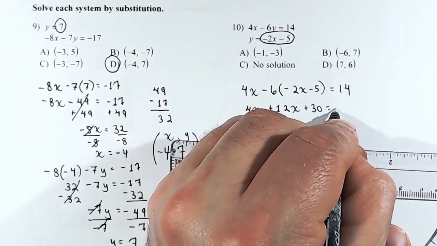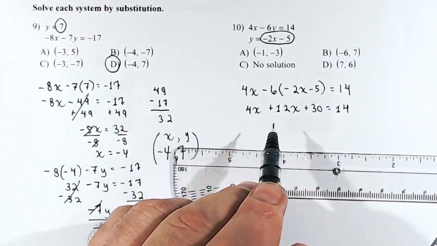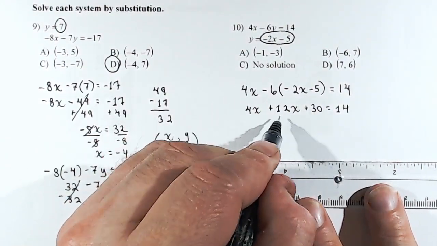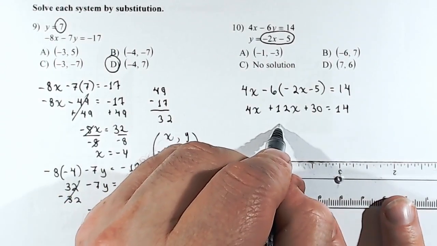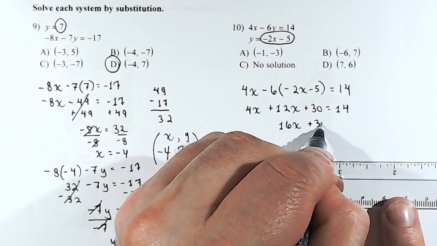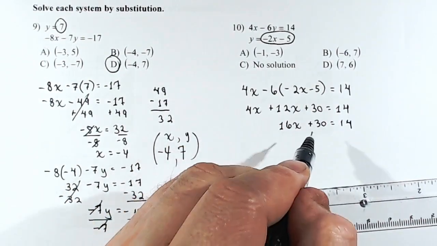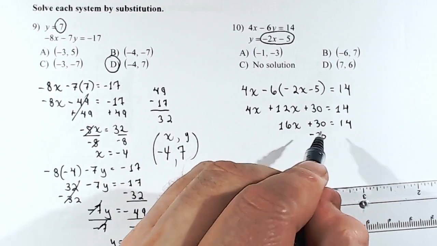Equals 14. Okay. Combine like terms. 4x plus 12x is 16x plus 30 equals 14. All right, so now I'll subtract 30 from both sides.